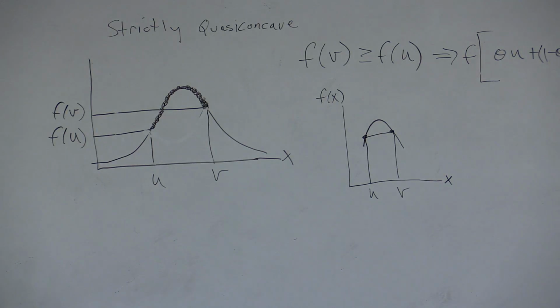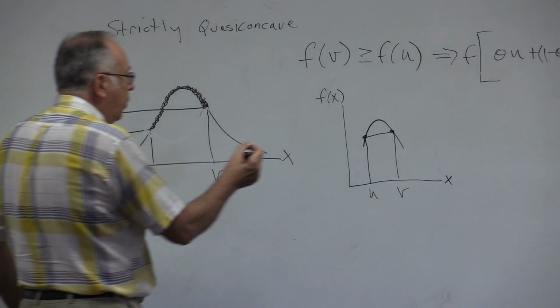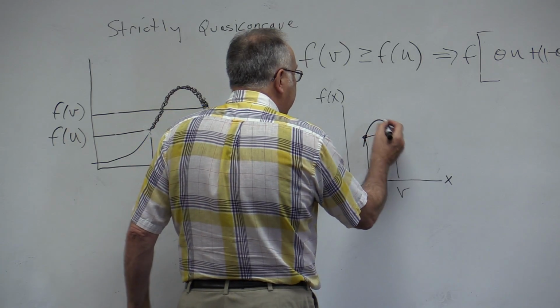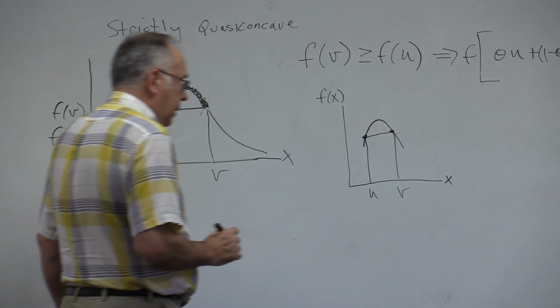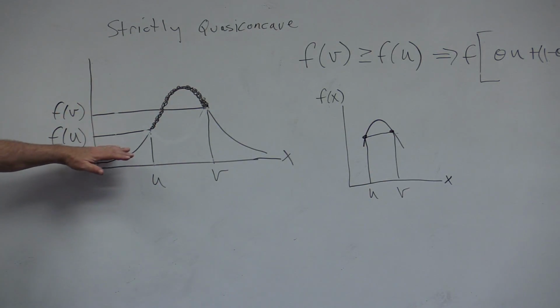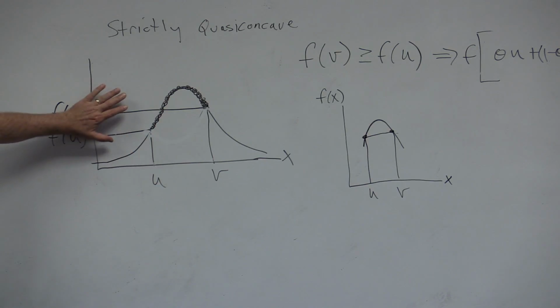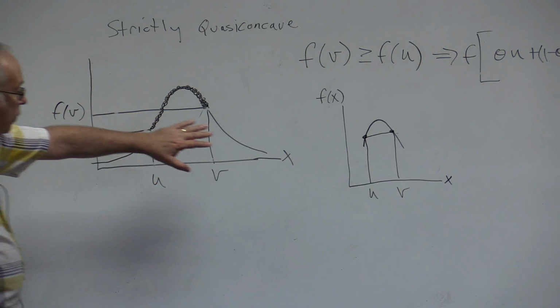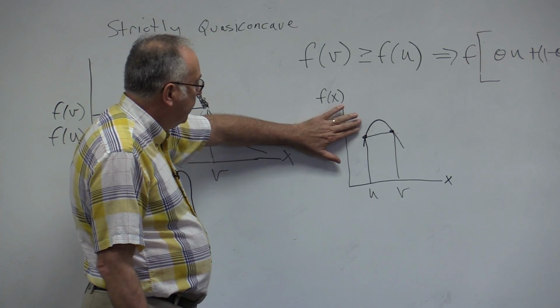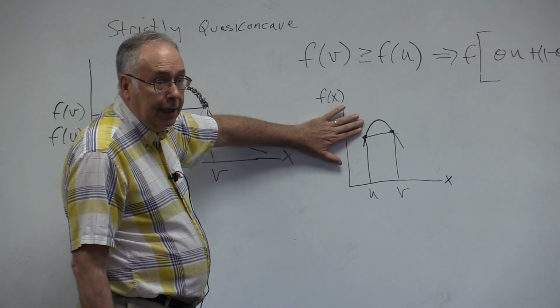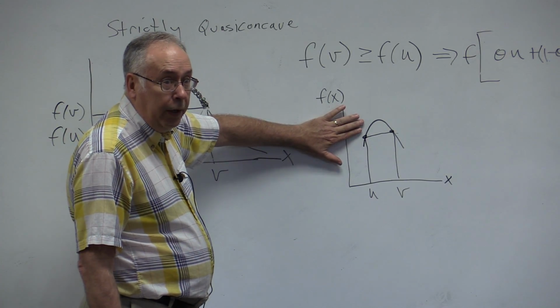Theta is restricted to be between 0 and 1, so you can't be at either 0 or 1. But everywhere you see this line lies below the curve. Now, what differentiates these two? Of course, this would also be strictly quasi-concave. That's a weaker condition.